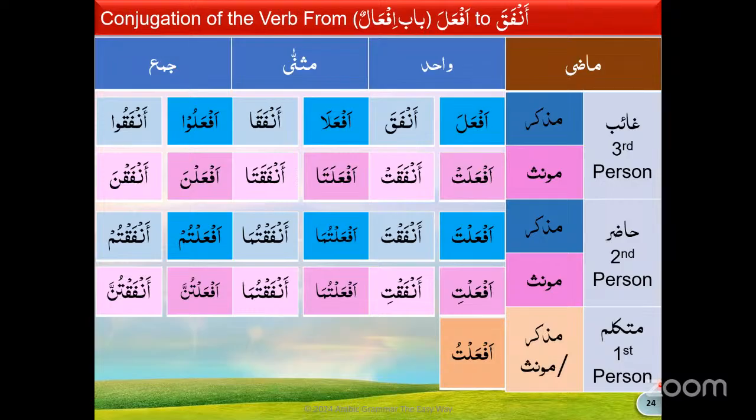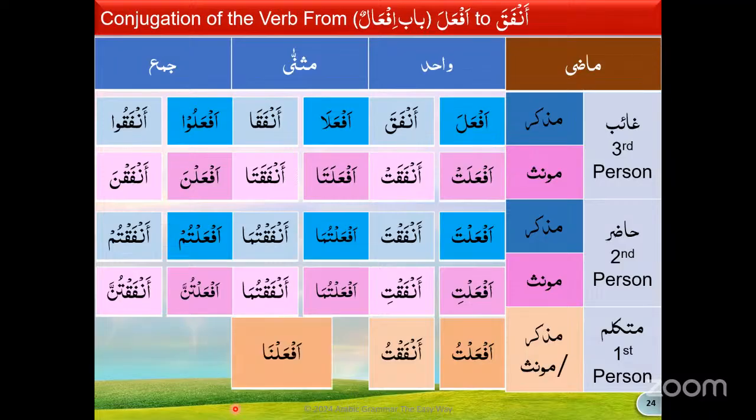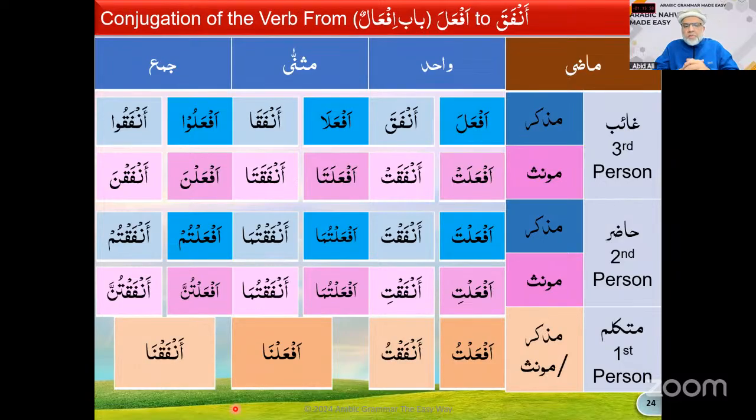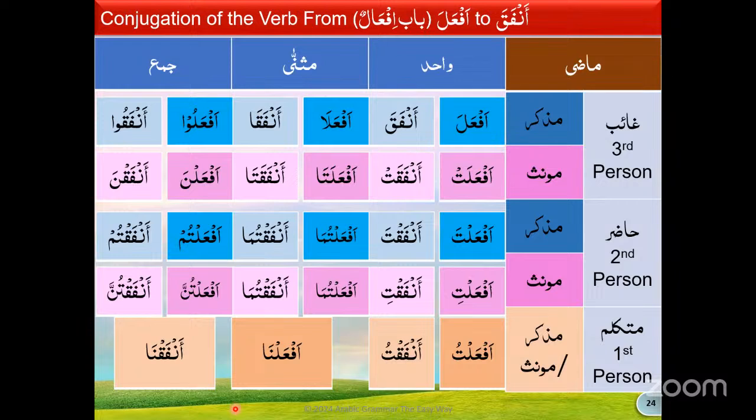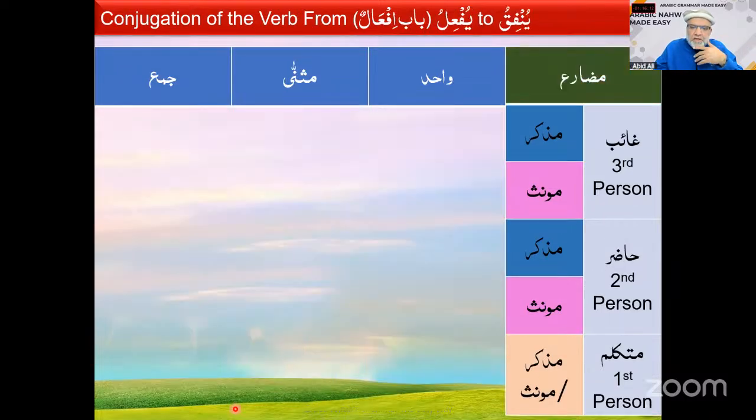Anfaqtu. And af'alna will be anfaqna. Very good. So remember, when you're speaking Arabic and you are trying to say I spend in charity, you will say anfaqtu. And if we did charity, then we say anfaqna.